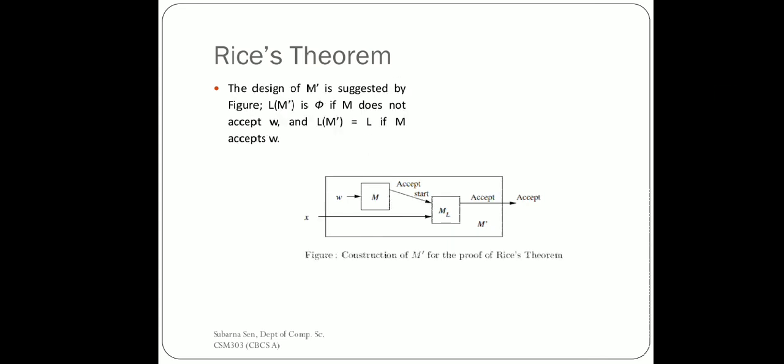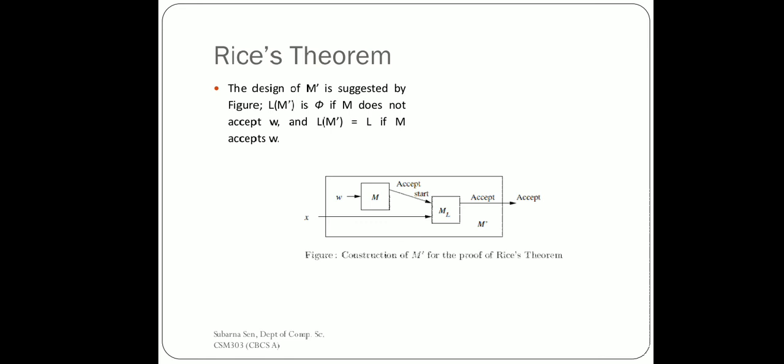What it is saying is that here L of M dashed is phi if M does not accept W, and L of M dashed is L if M accepts W, right? Why?